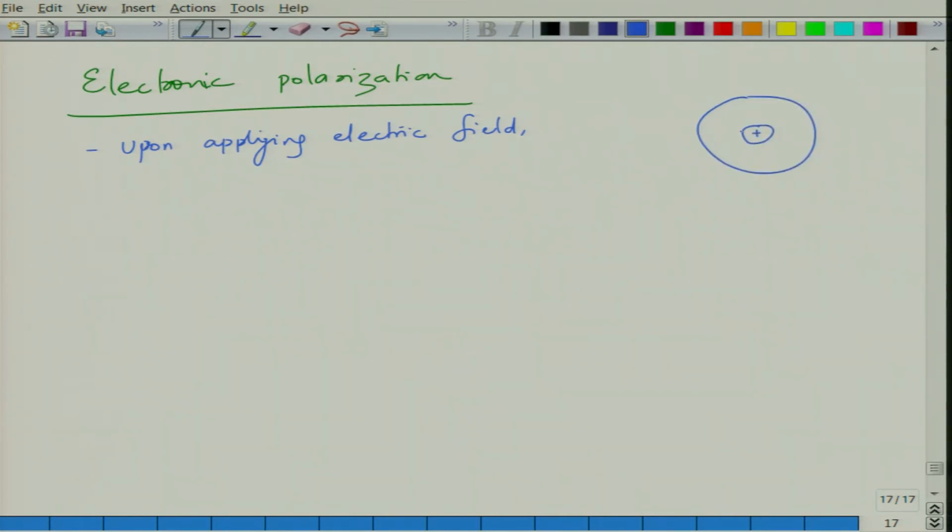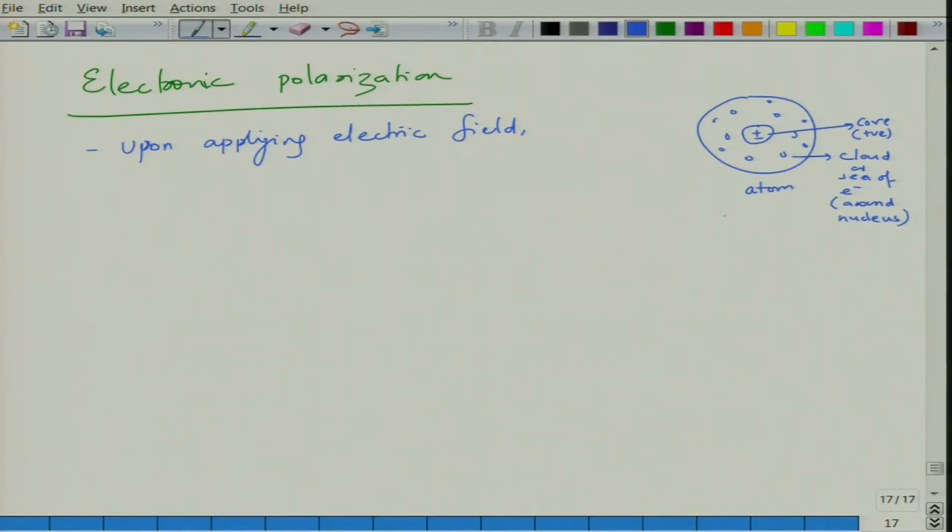This is the positive core, and around it you have electrons in various shells. The center of these electrons will be coinciding with the center of these positive charges. So this is an atom, and this is the core which is positively charged, and this is the cloud or sea of electrons around the nucleus.